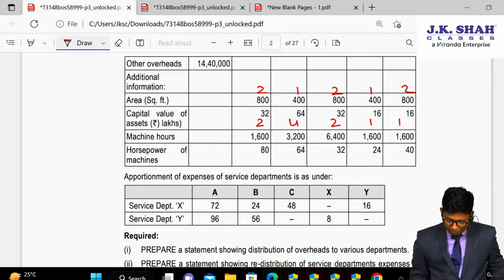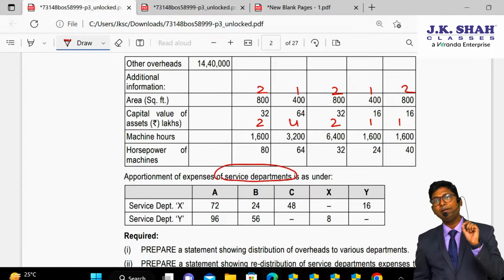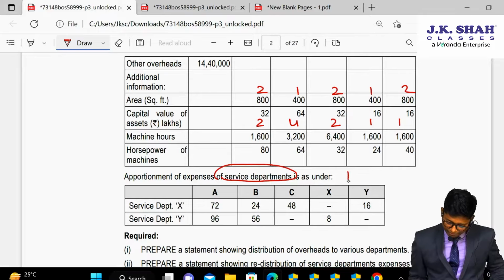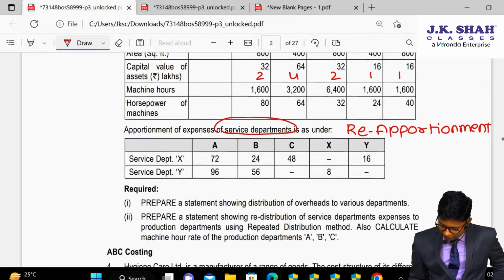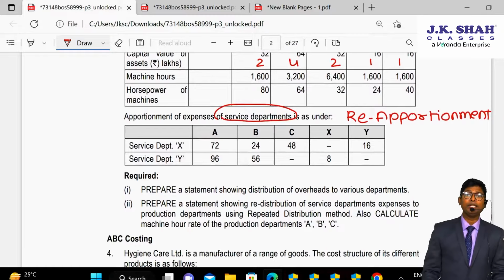Now apportionment of expenses of service department, whenever you are doing apportionment of expenses of service department, that step is called as reapportionment. And for the purpose of reapportionment of the overhead of service department, they have given you certain percentage.